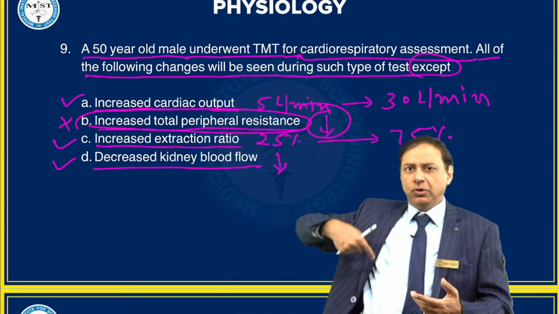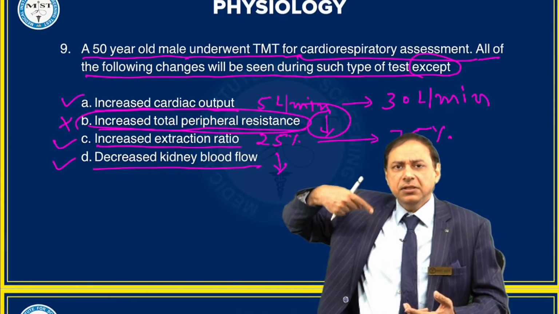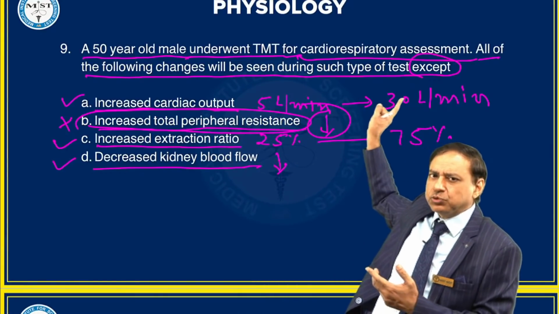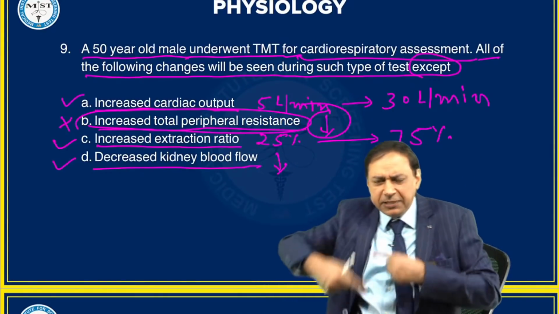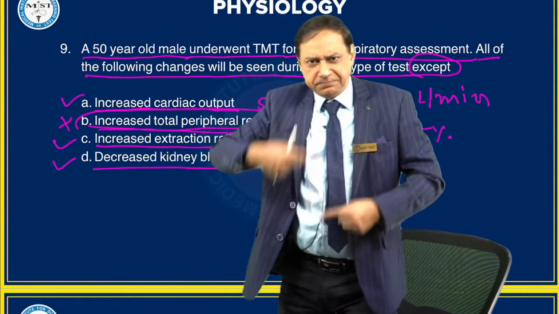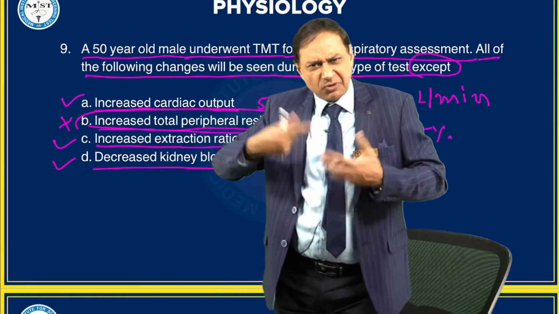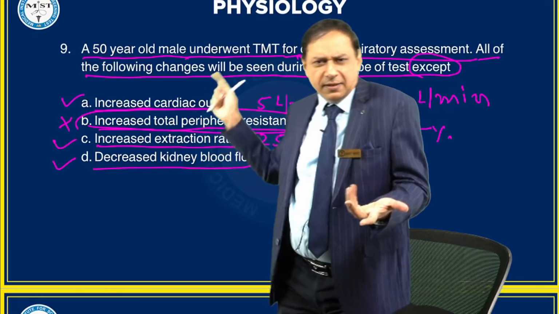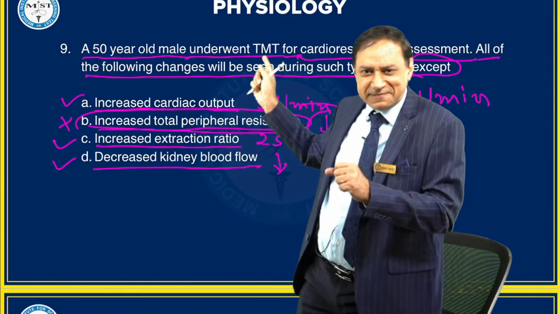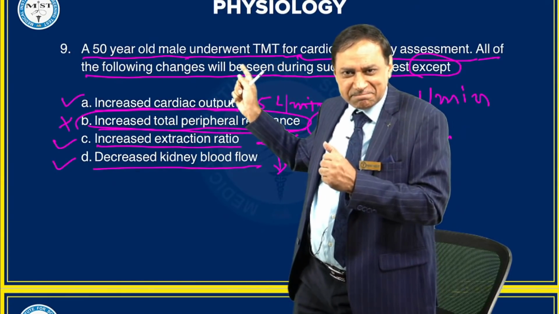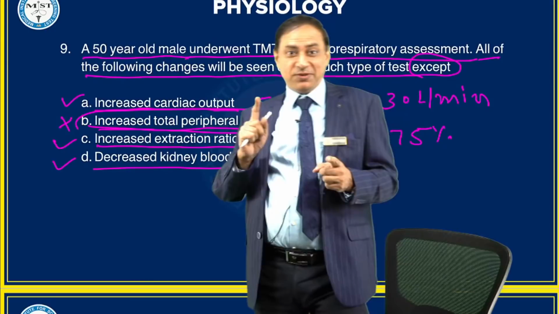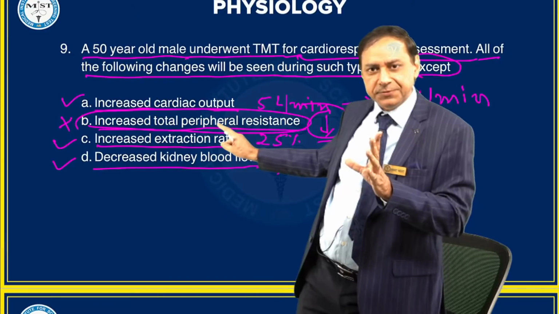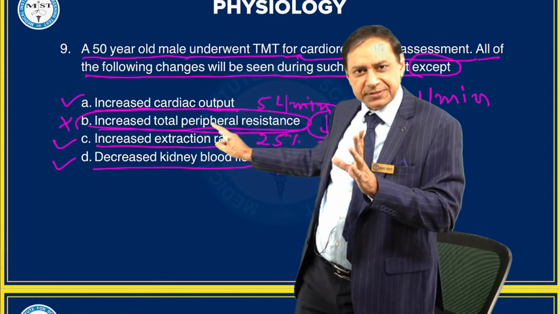There will be more venous return, more cardiac output from 5 liters up to 30 liters. So it will become hyperdynamic circulation. Heart pumping more, all blood going through muscles, muscle extracting all oxygen. That is what we are trying to check in this test: what is your performance? But because there is vasodilatation in the working muscle, TPR is reduced. This is clear.